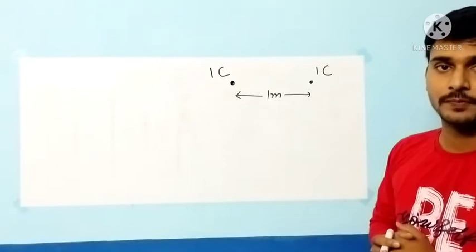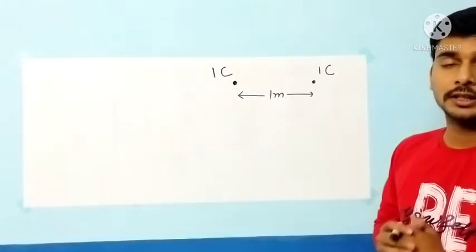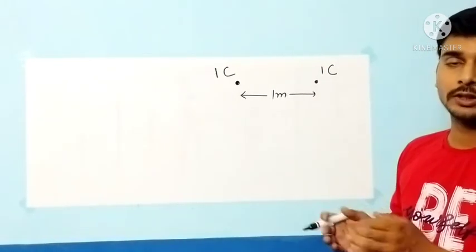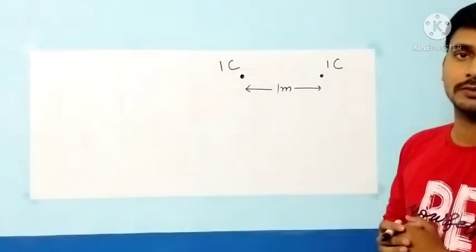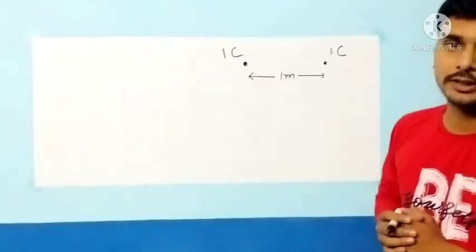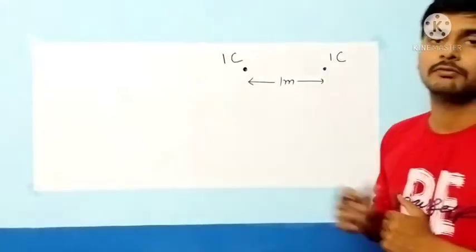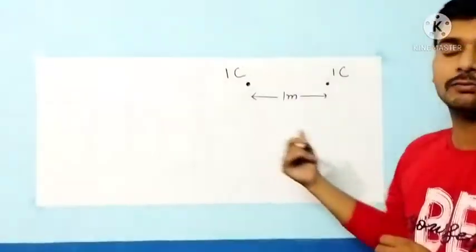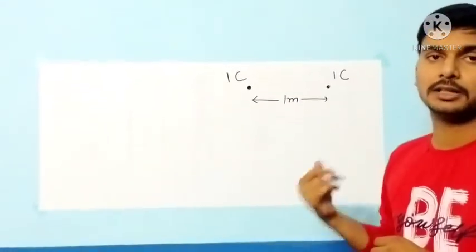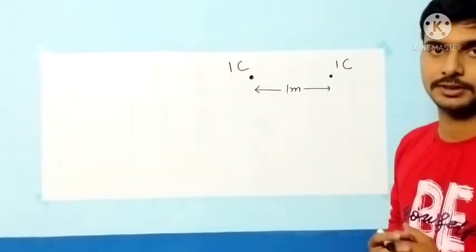Or, when we take two point charges of 1 coulomb, they produce a force of 9 into 10 to the power 9 Newton when kept 1 meter apart from each other in free space.